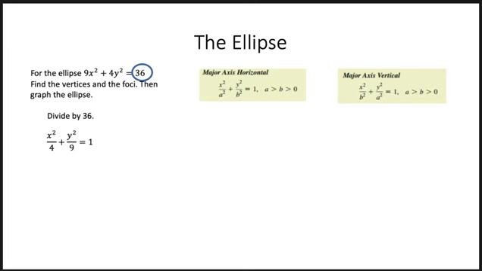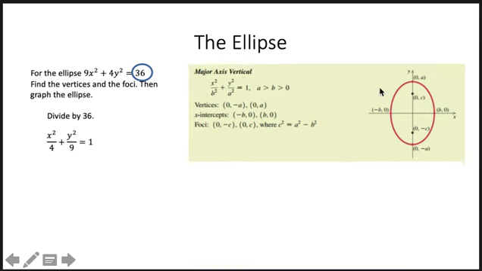Now, can you tell if this is going to have the major axis be horizontal or vertical? Well, 9 is bigger than 4, and 9 is under y, so our major axis is going to be vertical. Okay, so 9 has to be a squared, and 4 is b squared.